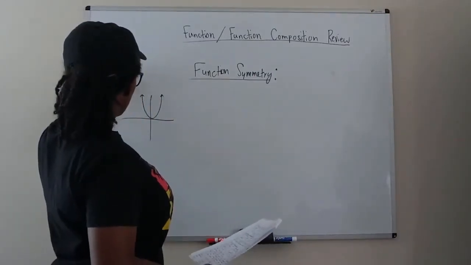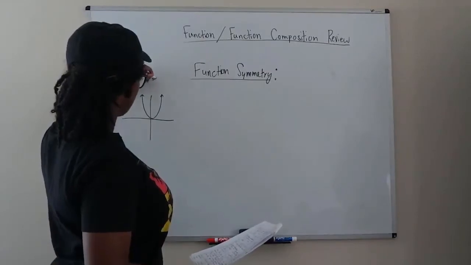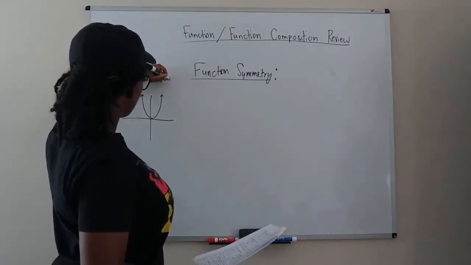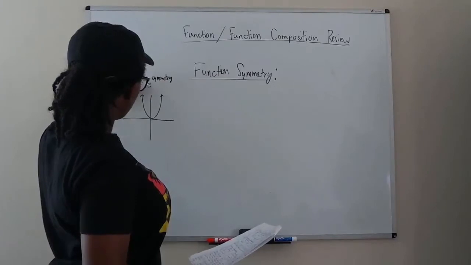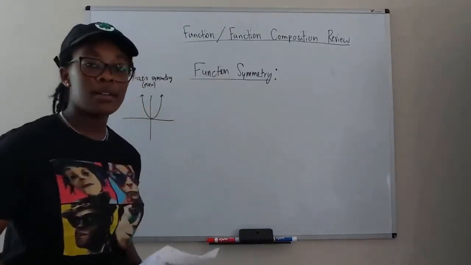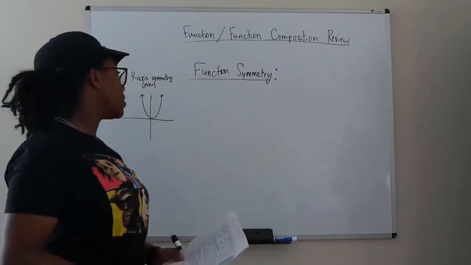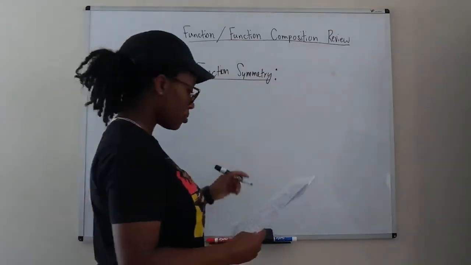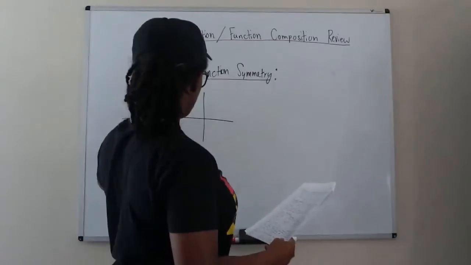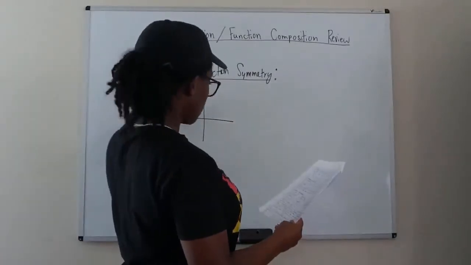So this is y-axis symmetry. And then in parentheses, I'm going to put even. Because y-axis symmetry is also known as the function is even or odd. It's just talking about its symmetry. And so, like you have even symmetry, you have odd symmetry.